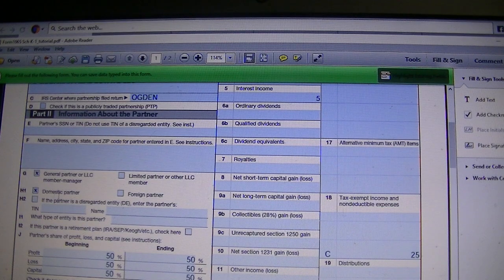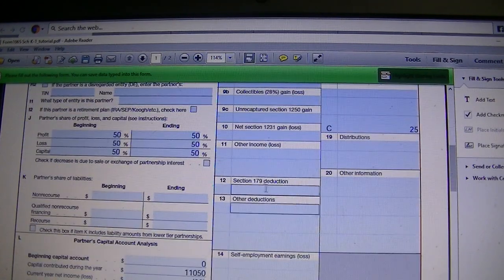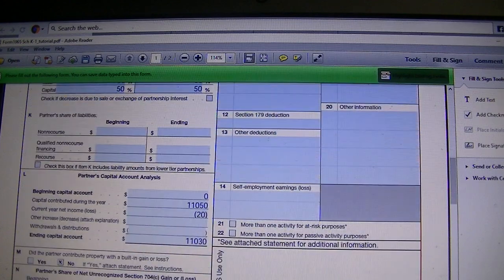And H will be domestic partner, and you'll put the share ownership percentage there as well. You may not be required to fill up this, but I like to fill it up. But that's pretty much what you do.